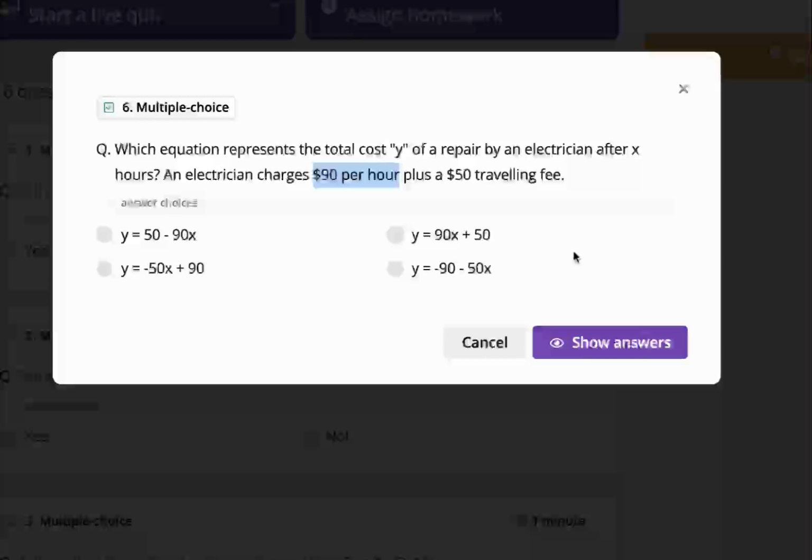So, help me, tell me. The second one. Y equals? Y equals 90x plus 50. Excellent. We multiply 90 times the number of hours, x, then add 50, which is the traveling fee. Excellent, my hero.